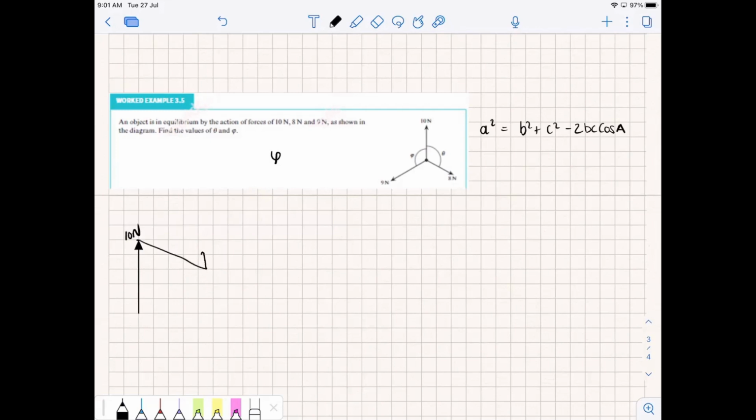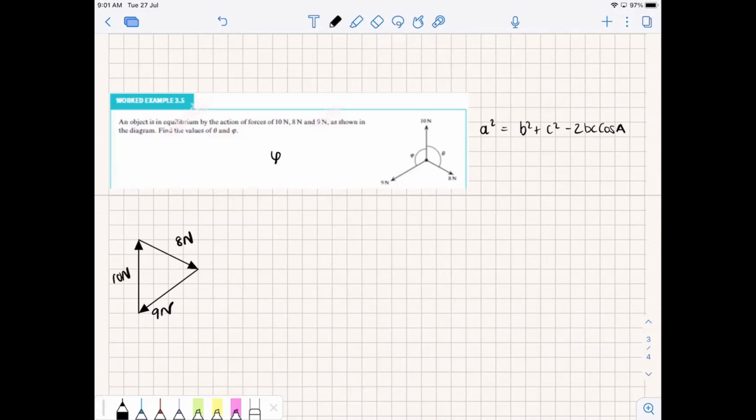There's my 8 newtons, and let's come back down. This is my 9 newtons force. I'm going to just move the value of the magnitude of the force next to it just to make life easy.